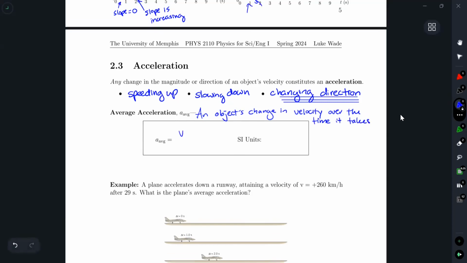So final minus initial velocity over final minus initial time, or change in velocity over change in time. So that's final, that's initial velocities.